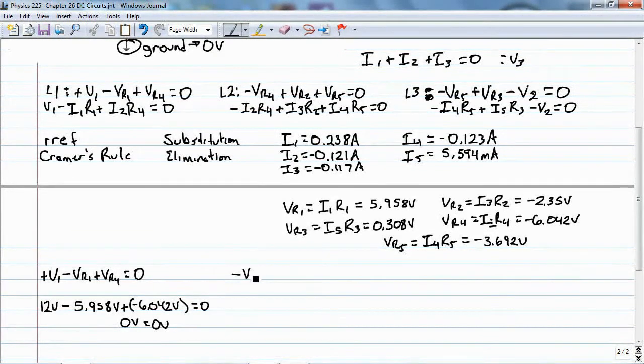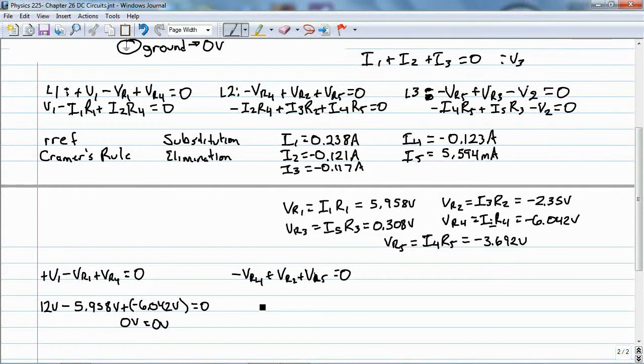Minus VR4 plus VR2 plus VR5 is equal to 0.